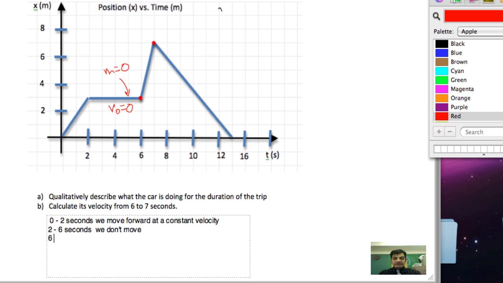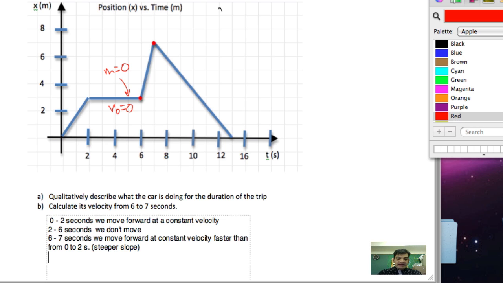Then, from 6 to 8 seconds, we move forward at a constant velocity faster than from 0 to 2. The reason I know that, the line is steeper because I have a steeper slope. Finally, sorry, not from 6 to 8 seconds, that's 6 to 7 seconds.